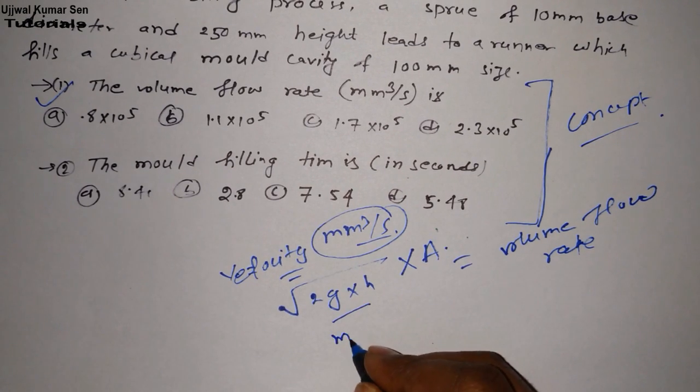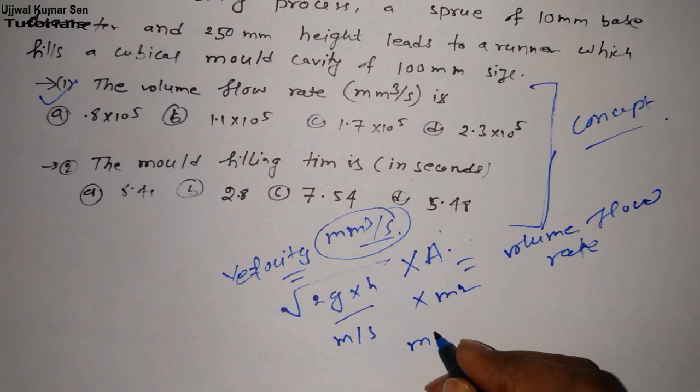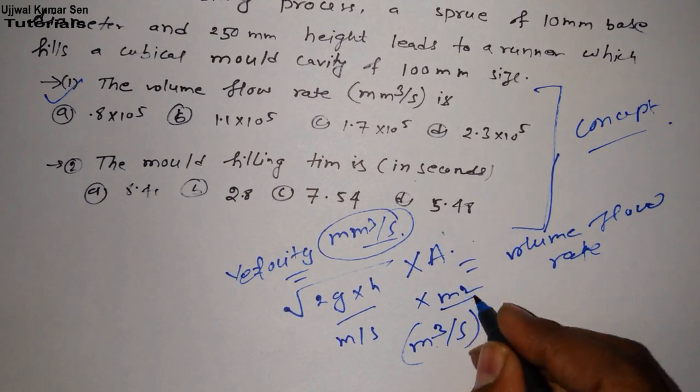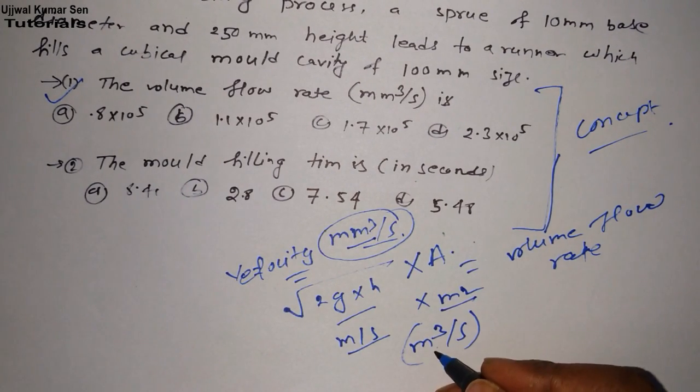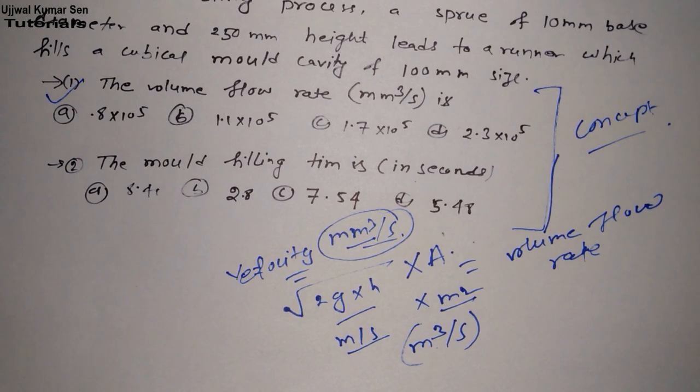Because velocity is meter per second and area is meter square, what will we get? Meter cube per second. If we do this in mm, then it will be millimeter cube per second. Getting my point? So first of all, what is our motto? To get velocity in millimeter per second.